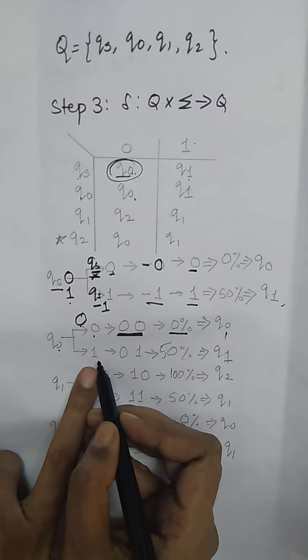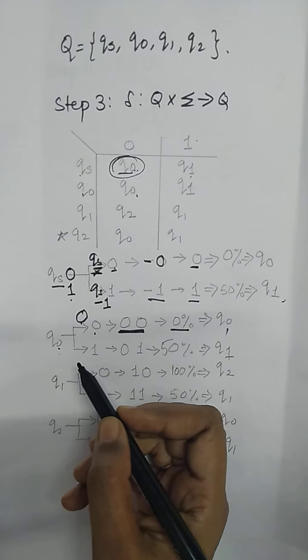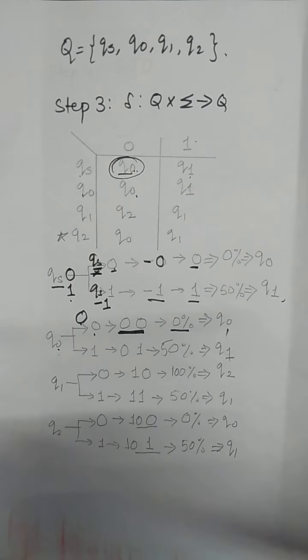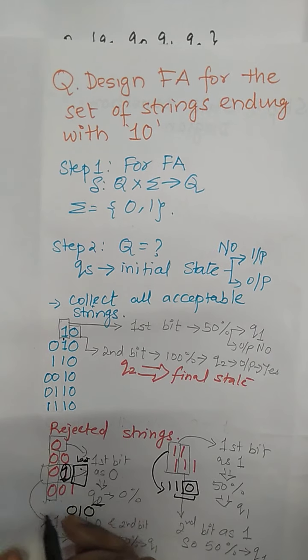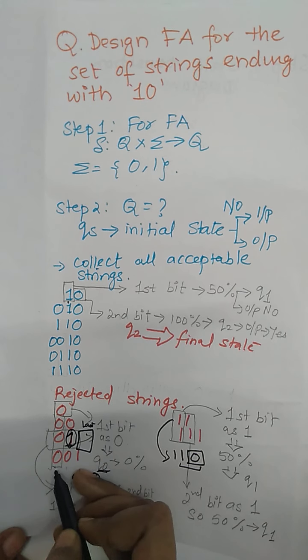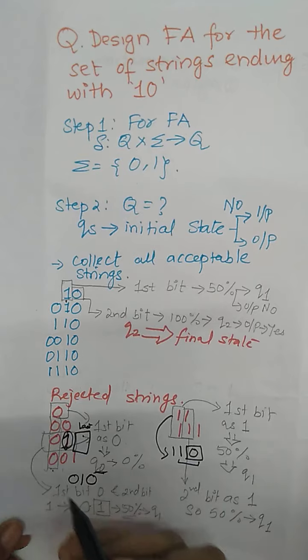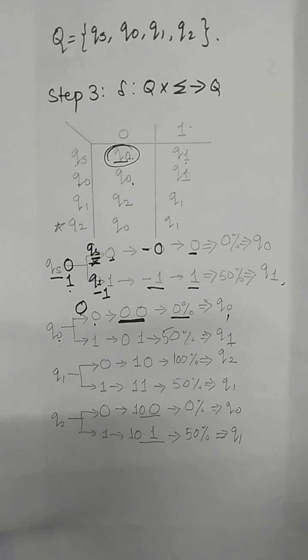Now Q0 with the next bit as 1. Which string is represented by Q0? The name is already given, but again we are going to cross check. Q0 represents the string starting with 0, or we can say the second last bit as 0, a total rejection.